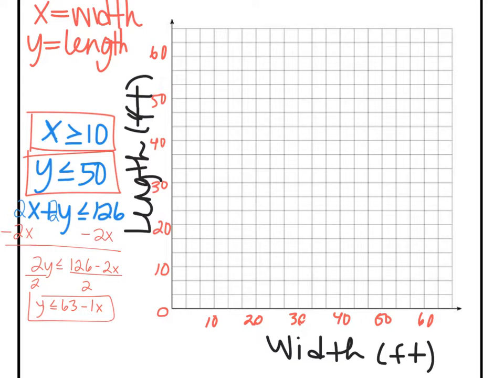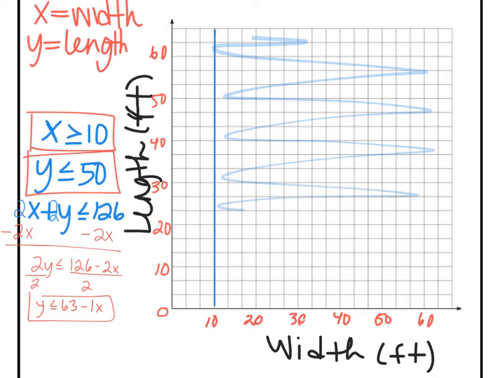Okay, so now we just graph. We're going to graph x is greater than or equal to 10. That would be a vertical line. Which way do I shade that? Right, greater than or equal to 10.